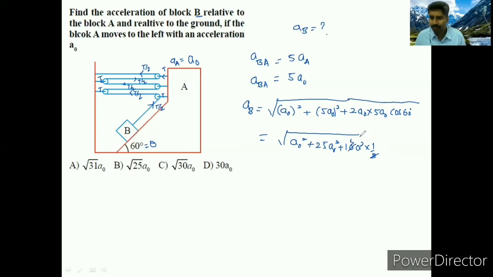So 5. So 1 plus 25 plus 5, that is 31. So 31 a naught square means root 31 into a naught is the answer. So which option is correct? The first one is correct. Okay, thank you.